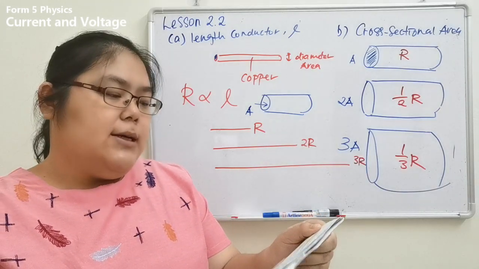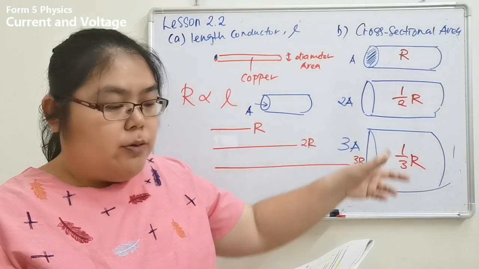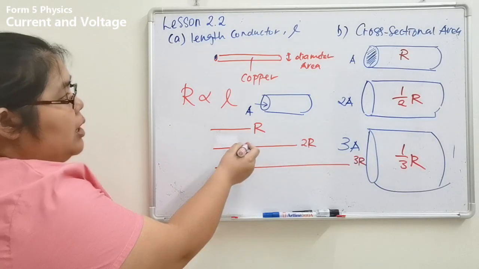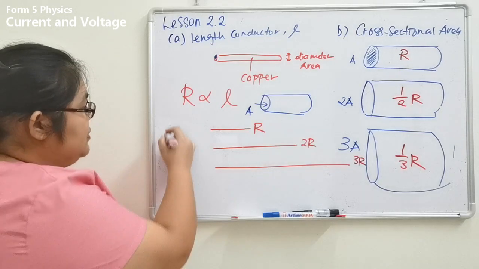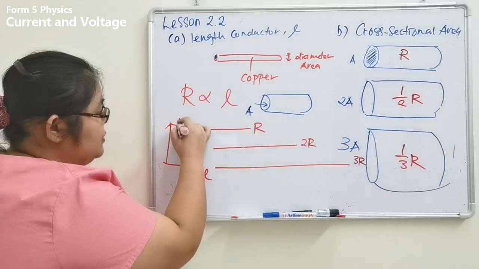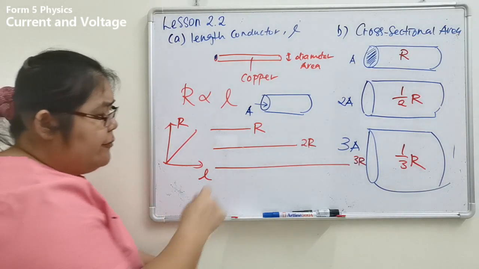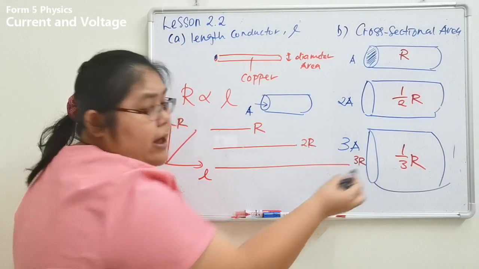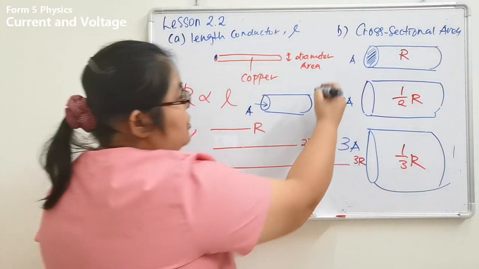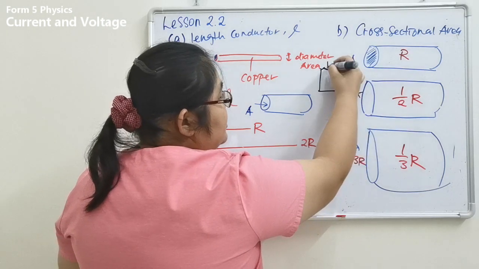From here we need to draw the graph for the inversely proportional relationship. Directly proportional we know, length and resistance: if I control the length, the resistance is here, and I find it directly proportional. For the inversely proportional relationship with the area, when I draw the graph, I control the area and this is the resistance.